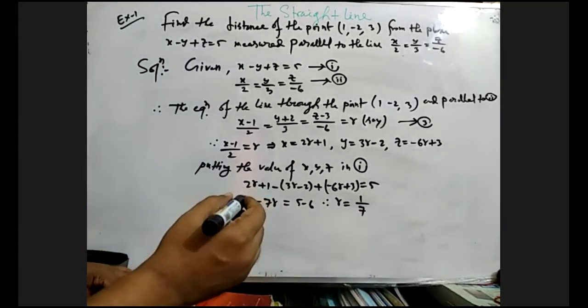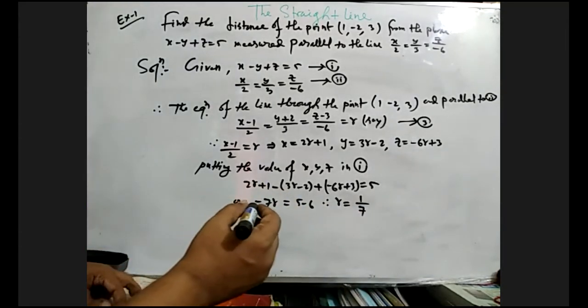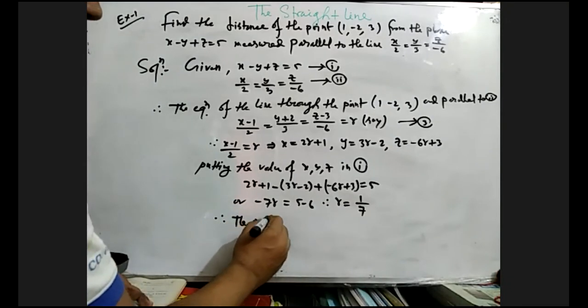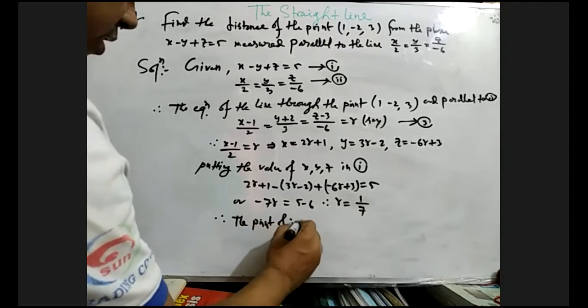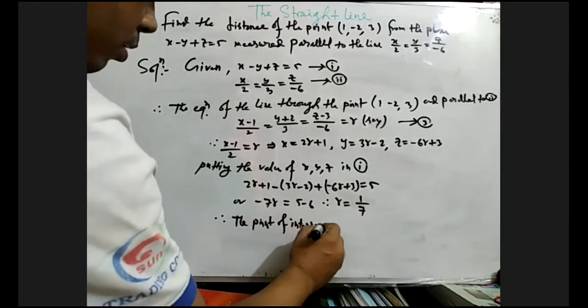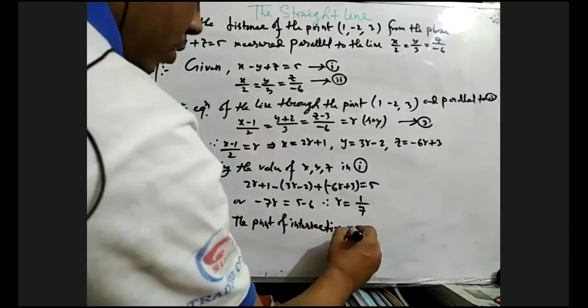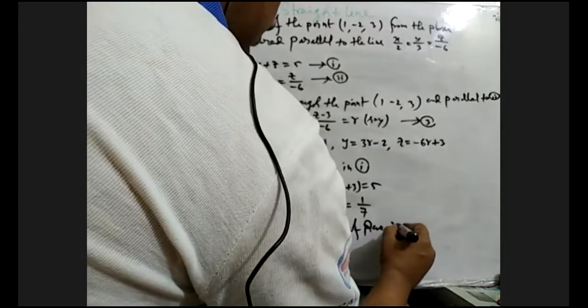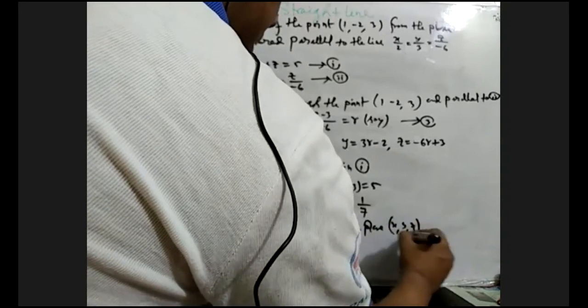1 by 7. Therefore, the point of intersection of the plane will be x, y, z.